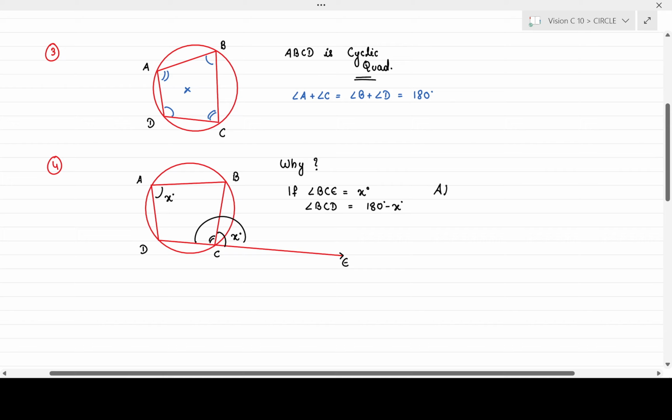Also, we know that since ABCD is a cyclic quadrilateral, so it is cyclic in short. Since ABCD is cyclic, angle C plus angle A must be 180 degrees.